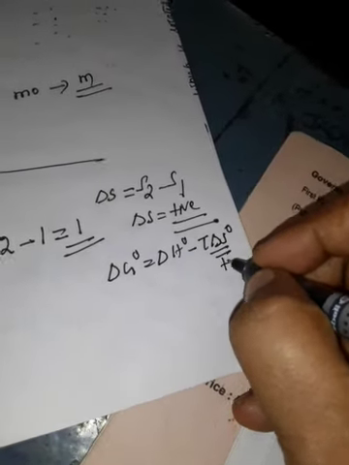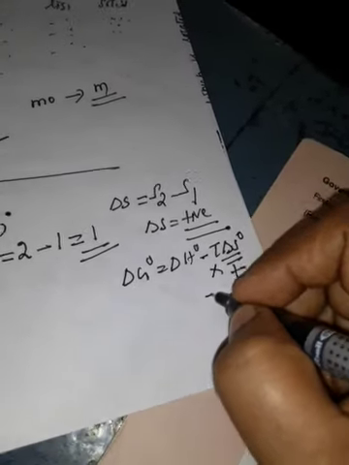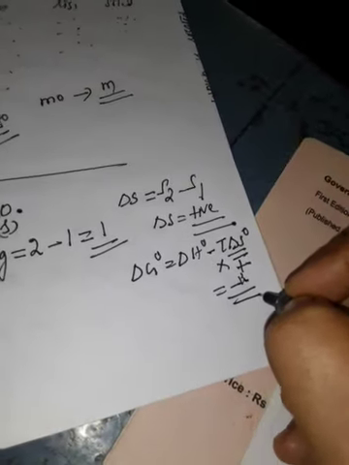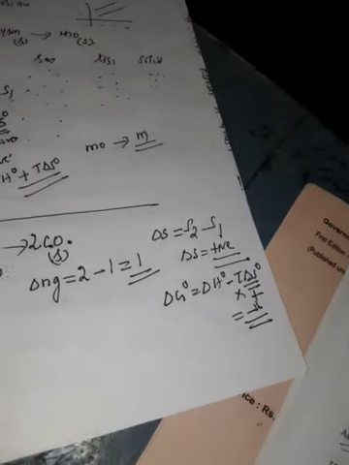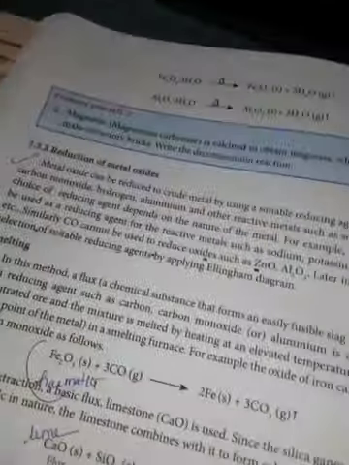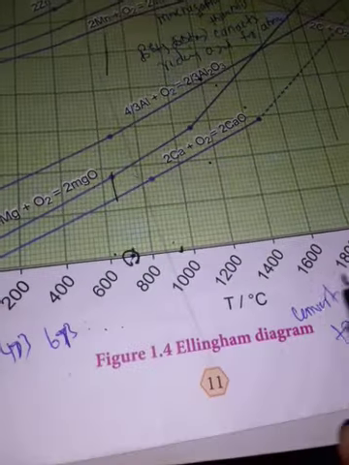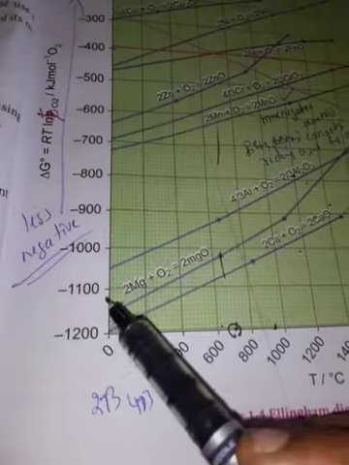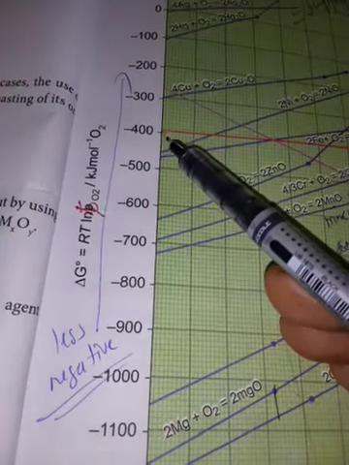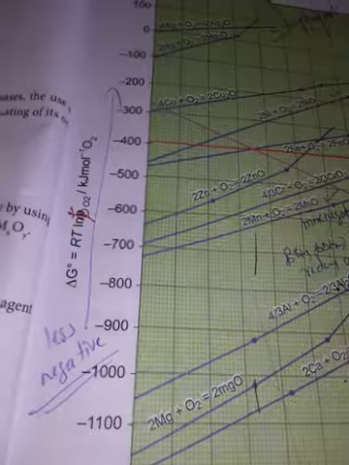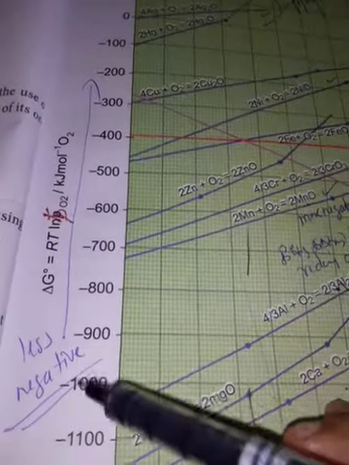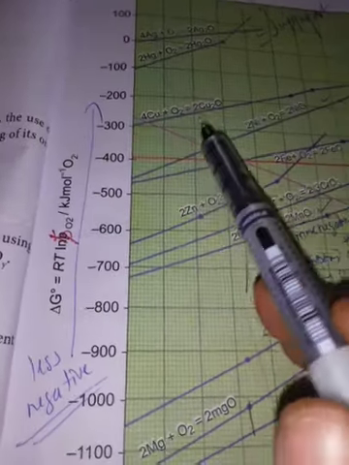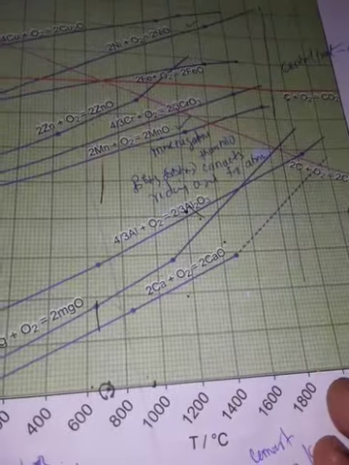Delta S naught is positive, and negative times positive becomes a negative value. So when temperature increases, delta G naught becomes more negative, or the value becomes less. So CO is stable at higher temperature.